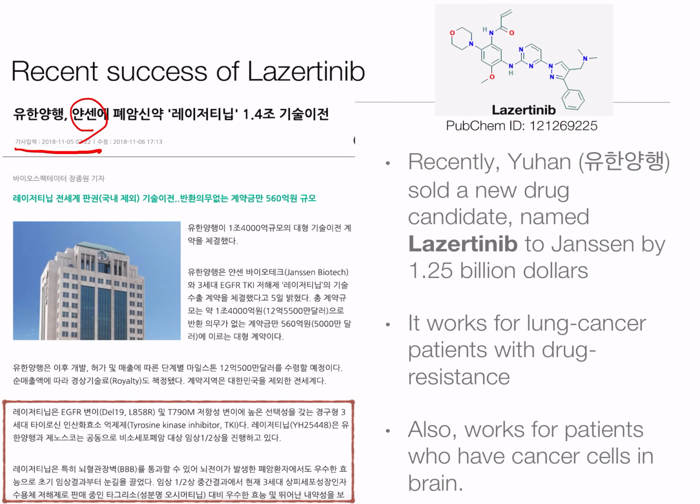It is also known that the target of this drug, and the target means a protein, as we talked about in the previous class, right? The target means a specific protein that this new drug binds.